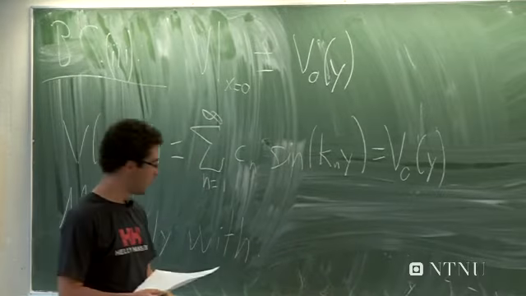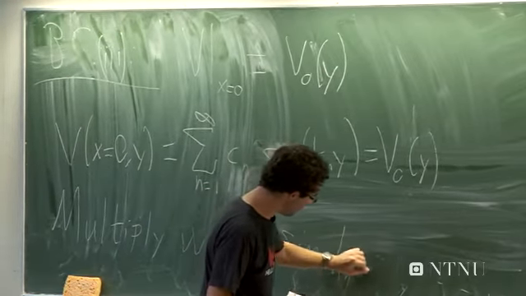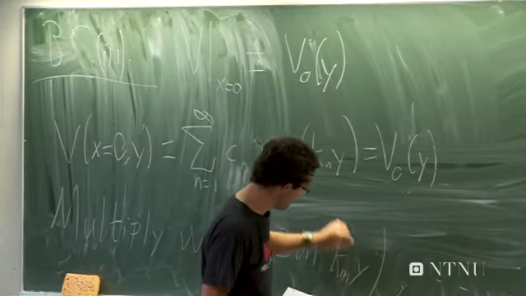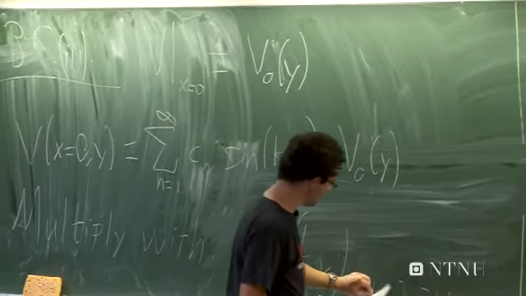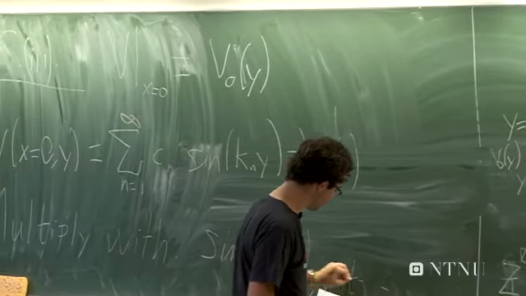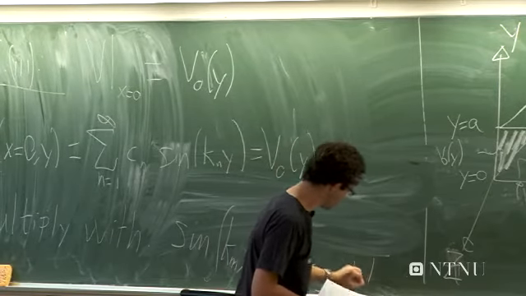We just multiply by sine of Km on each side, and then we integrate. Which we love to do.